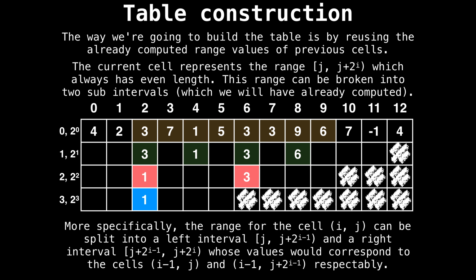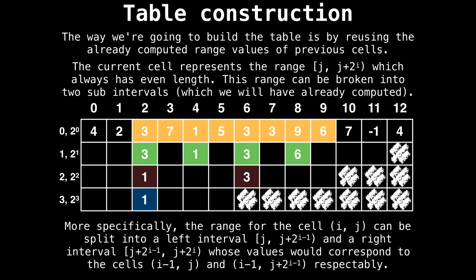To compute its value, we would take the minimum of both the red cells, which represent intervals of length 4, which combined together cover the same range as the blue cell would. In turn, the red cells are computed from green cells, which represent intervals of size 2. And those are based on orange cells, and so on. In the end, the blue cell would contain the minimum value for the entire range covered by the orange cells highlighted in the table.